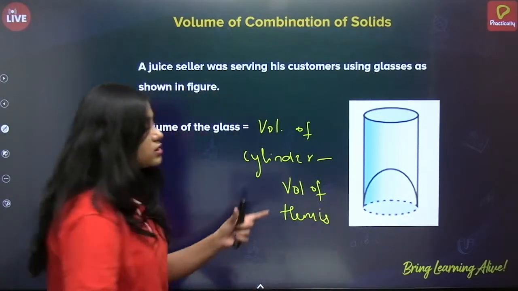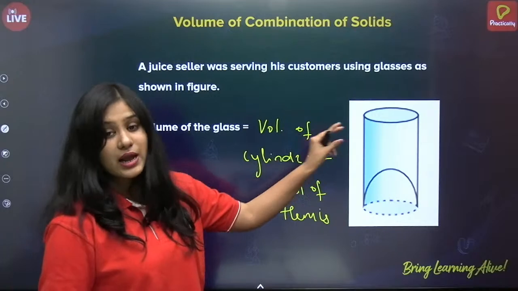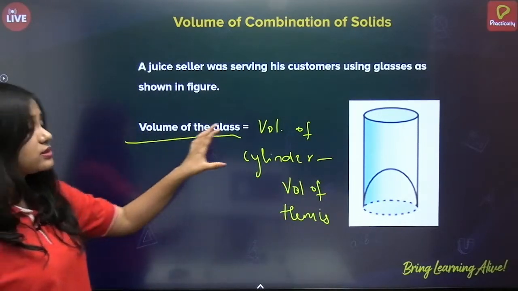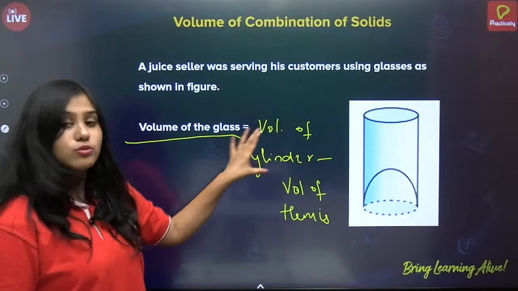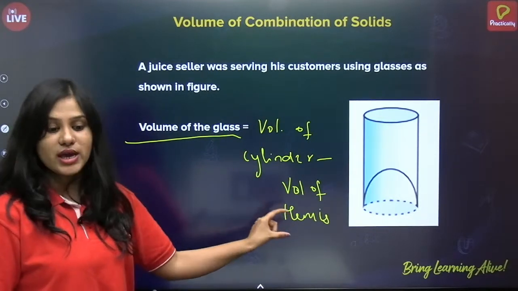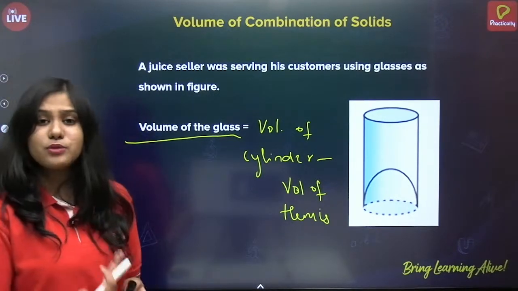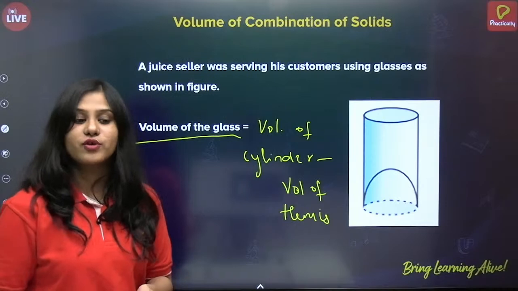So here, this is the combination of solid, cylinder and hemisphere. So to calculate the volume of the glass, we calculate volume of the cylinder minus volume of the hemisphere. Okay. So let us apply the same logic and same concept to solve further problems.